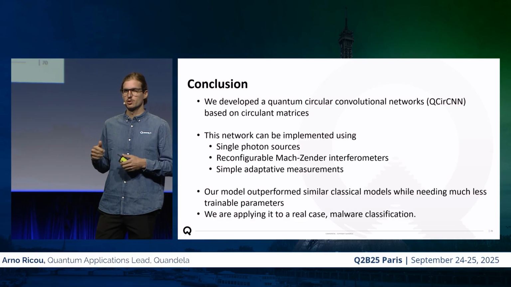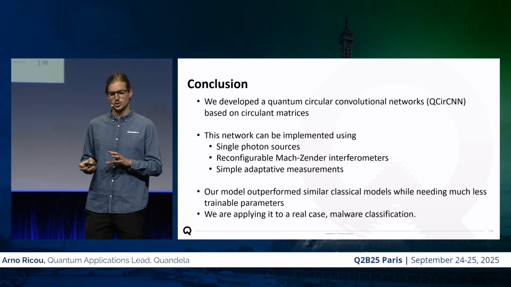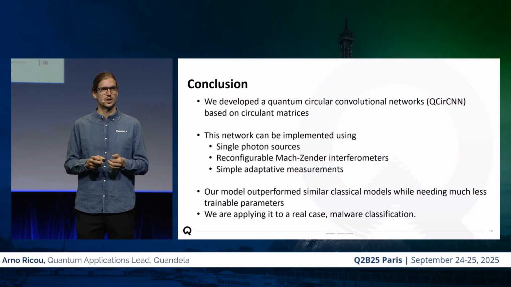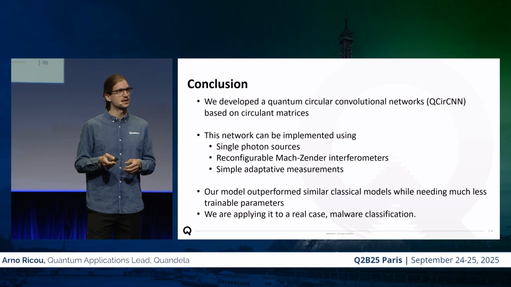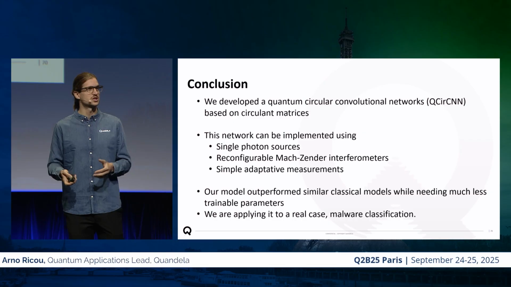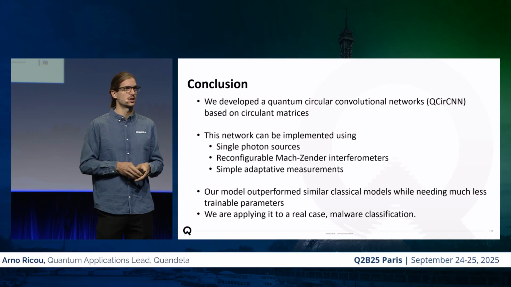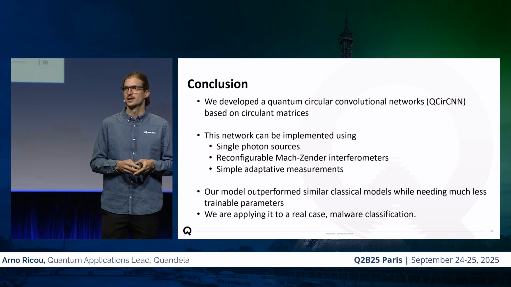What we saw is that our model outperforms similar classical models while needing much fewer trainable parameters, and that applying it to real cases gives good enough results, but we believe it can be more resource efficient for actual cases like malware classification. Thanks for listening.